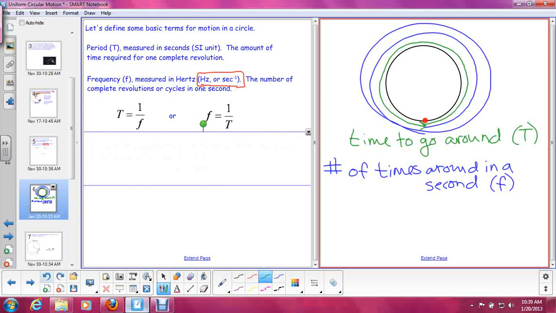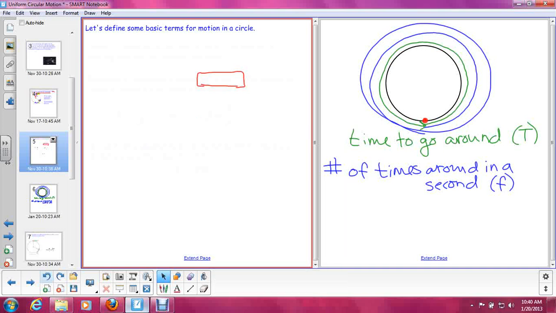That also means that in 1 second, we can do 2 revolutions. That is our frequency. Our frequency is 2. And 2 is the inverse of 1/2. If you do 1 over 2, you get a half. If you do 1 over a half, you get 2. So that is how frequency and period are related. They both describe to us how fast an object is going.